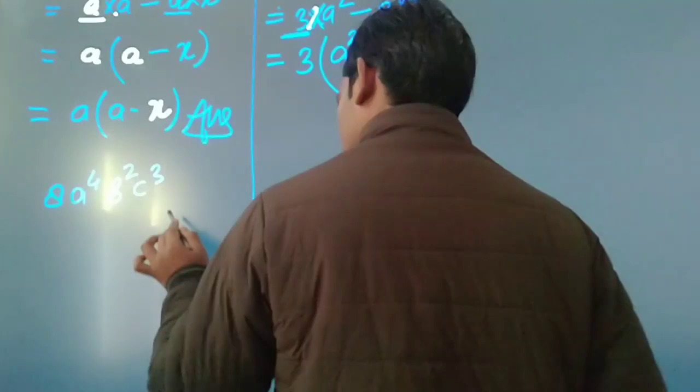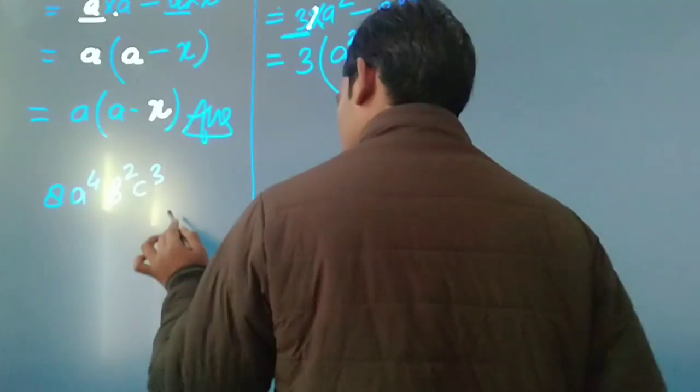So now let's see. The question number 15 is whole square of x minus y minus 2 times of x minus y.